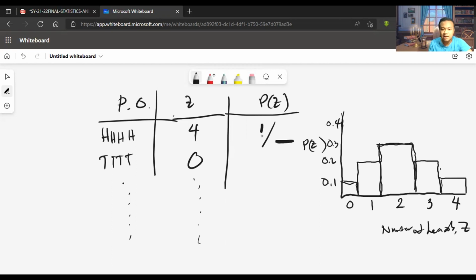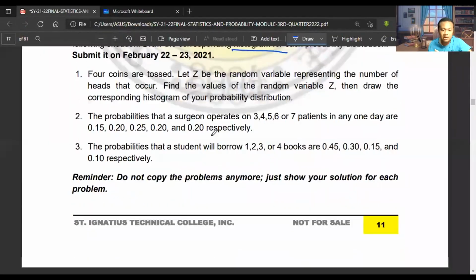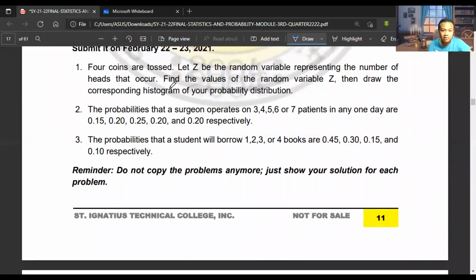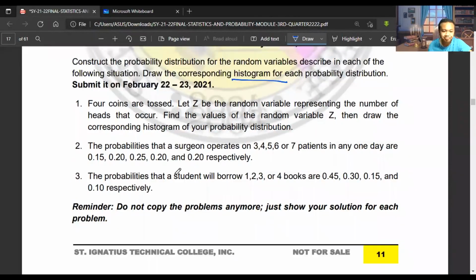The height is based on the values of the probabilities. Okay? So that is how you create the probability histogram. You will do that for the next 3 numbers. Okay? That's all.